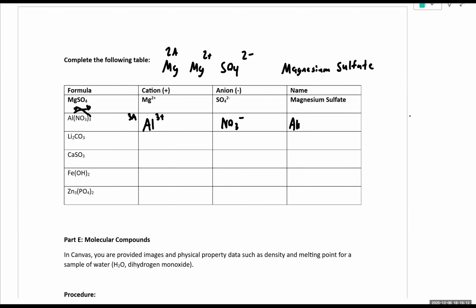So to name this compound, we write the name of our cation, which is aluminum, and then we write the name of the anion, which would be nitrate. So this in total would be aluminum nitrate. So with that example in mind, I'd like you to complete the remaining problems independently.